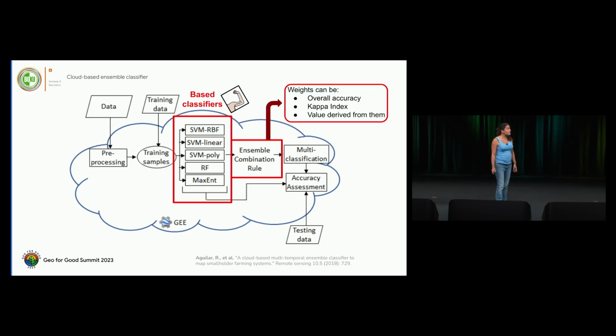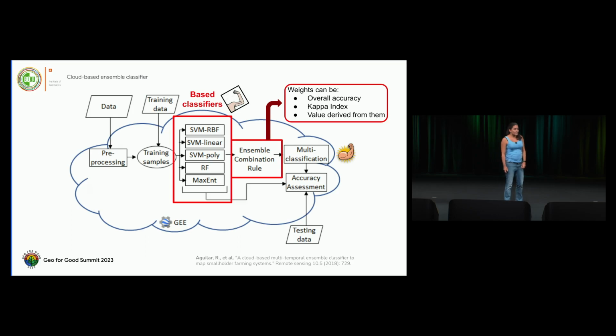The weight can be obtained using the overall accuracy of the different base classifiers, or using the kappa index, which is another statistical measure to evaluate our classification, or also a value derived from one of these two statistical measures. Once we have our weights, we can combine our classifications and get a strong classification.